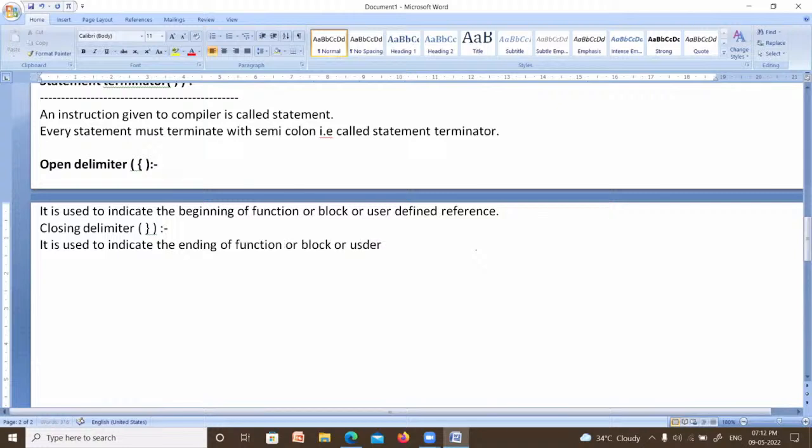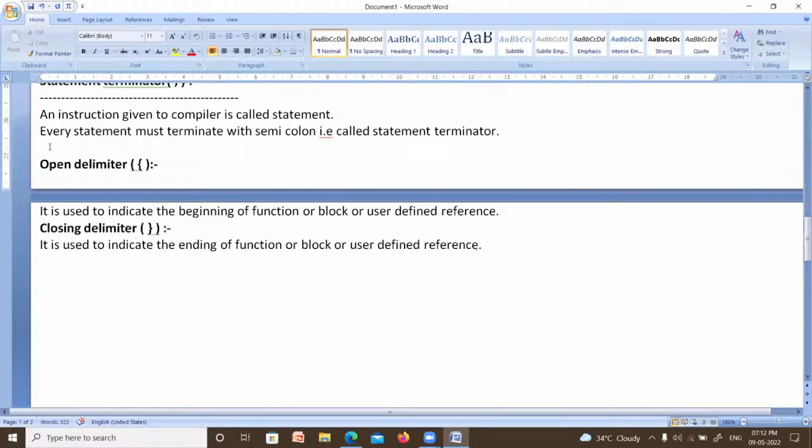User defined reference means a block defined by you. So if you want to indicate the closing, you have to use the closing curly bracket. If you want to indicate the beginning, you have to use the open curly bracket, right?